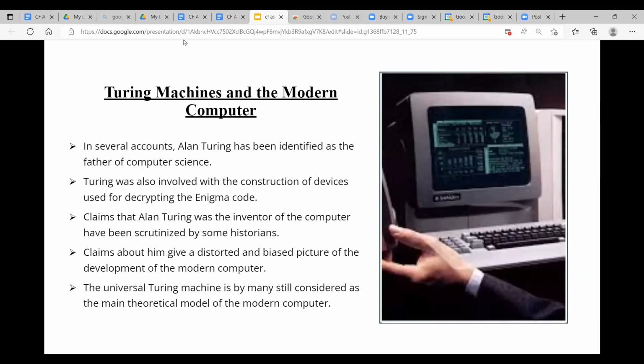Claims that Alan Turing was the inventor of the computer have been scrutinized by some historians. Such claims give a distorted and biased picture of the development of the modern computer. At best, he is one of the many who contributed to one of several historical developments. The universal Turing machine is by many still considered the main theoretical model of the modern computer.